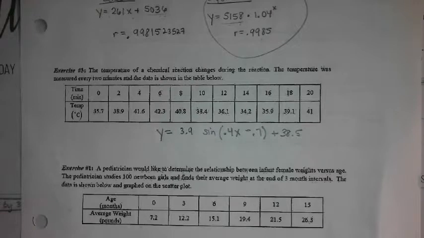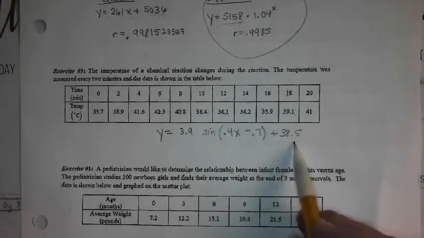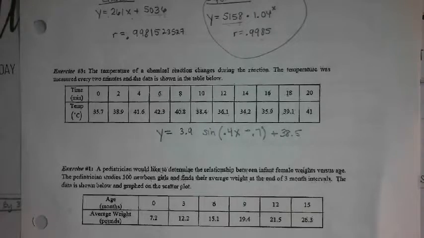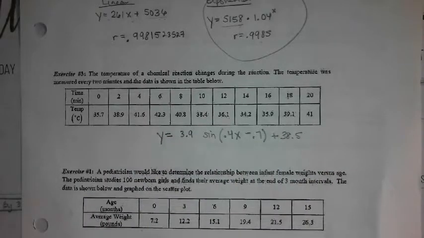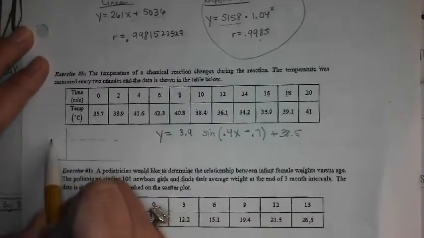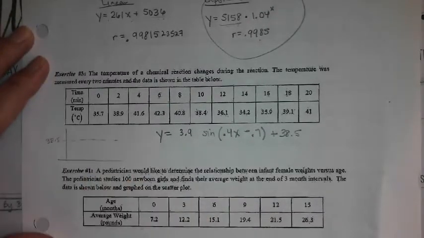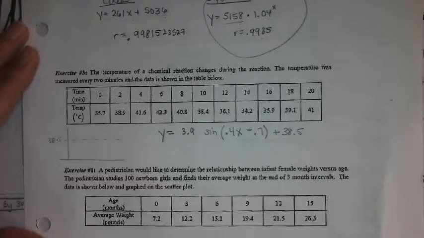So just out of curiosity, because it's worth reviewing, what's the midline of this? Maggie? 38.5. What's the maximum value that this best fit curve gets to? Because if our midline is 38.5, what's our amplitude? 3.9.